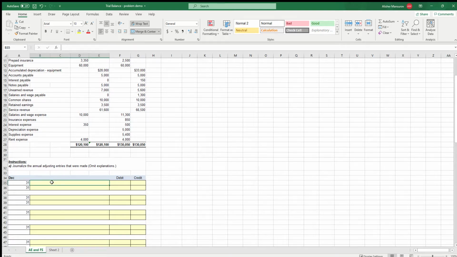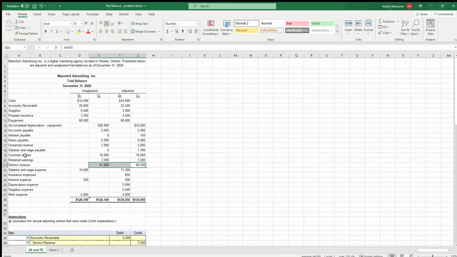So accounts receivable, we have 3,500, and then service revenue also increased by 3,500.